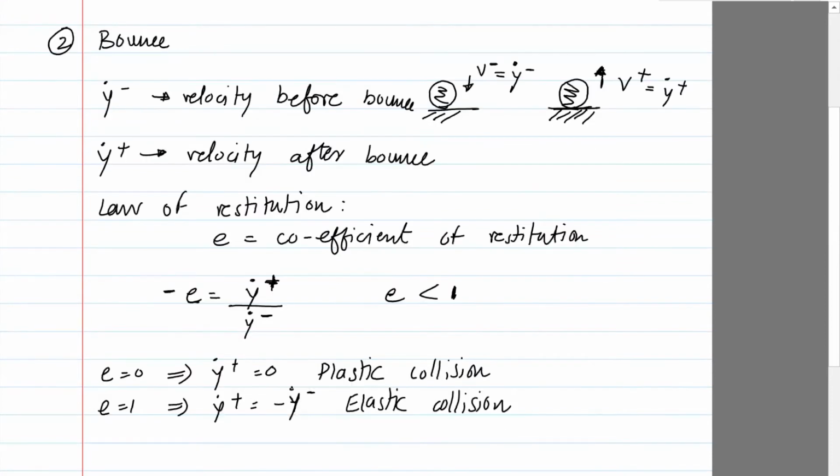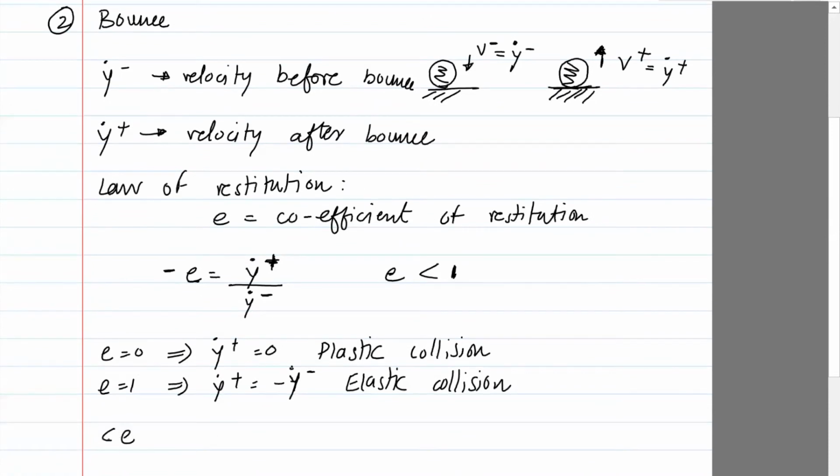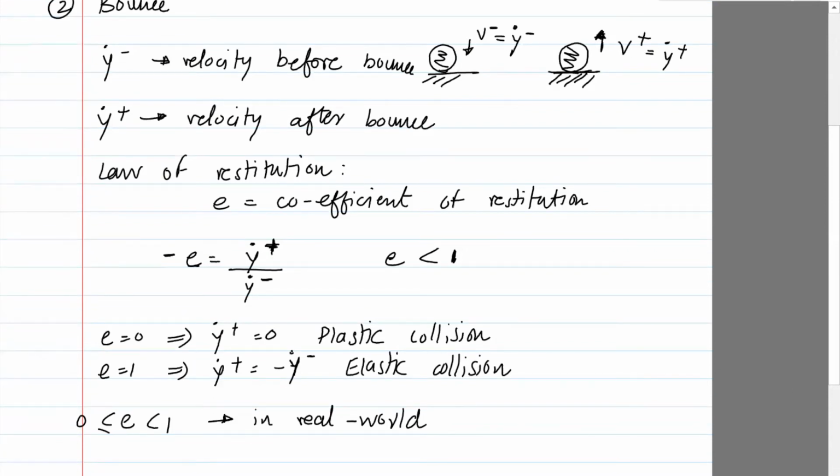Most times E is between 0 and 1. We never really see 1 because it's really hard to have a purely elastic collision. E greater than 1 means that the velocity after collision is greater than the velocity before, which never really happens unless there is some kind of actuator powering the system to jump higher than where it started from.